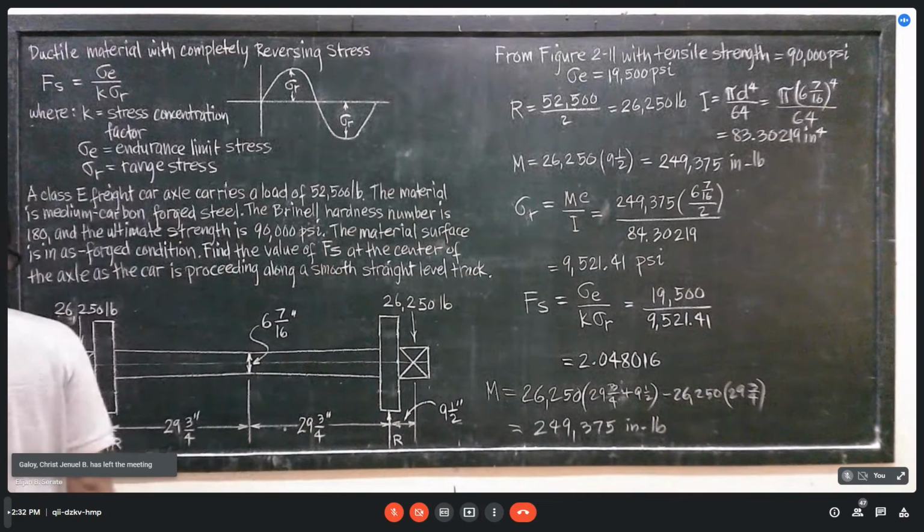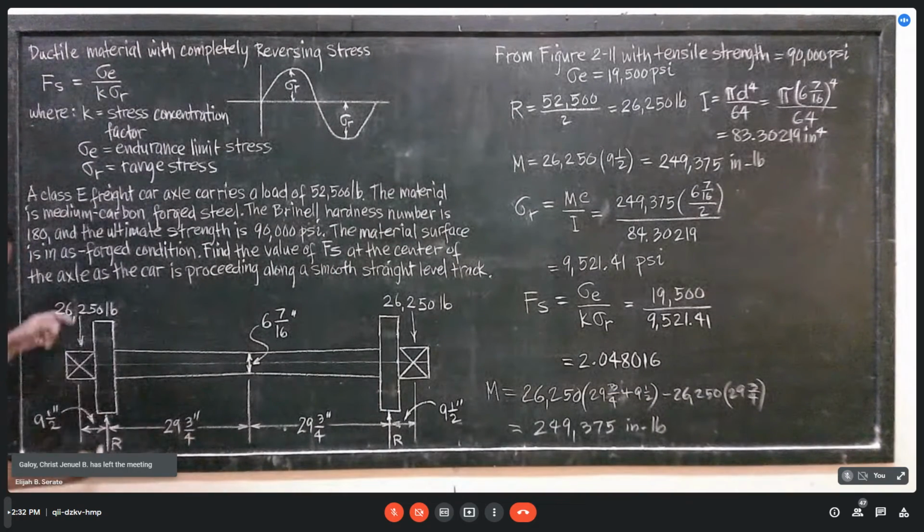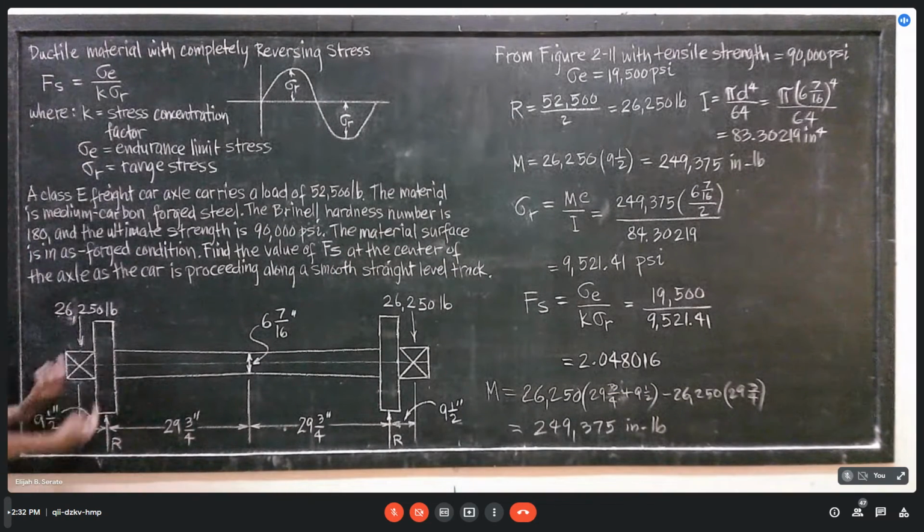Because these two forces are equal and form a couple. And do you know what is the moment of a couple? The moment of a couple is, wherever you place them, you will have the same moment.